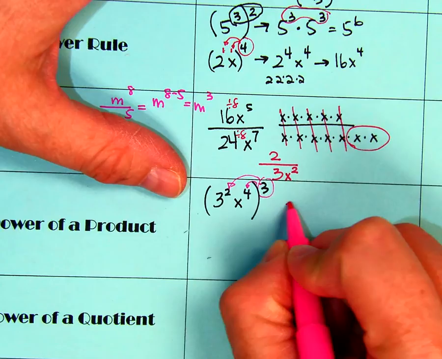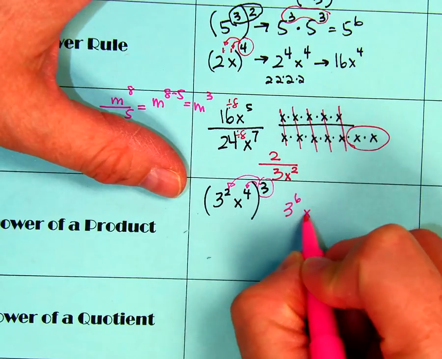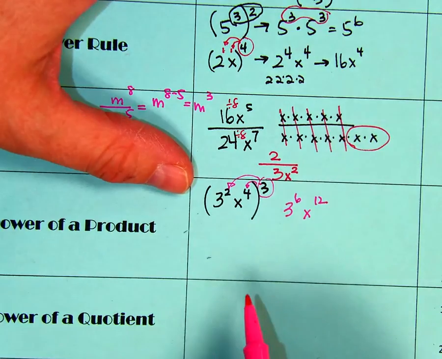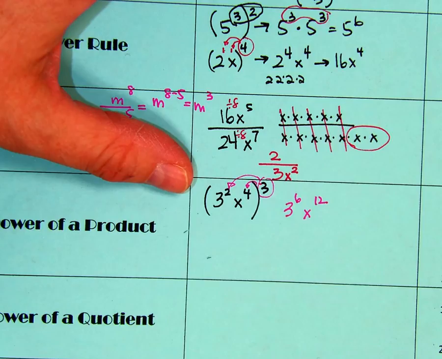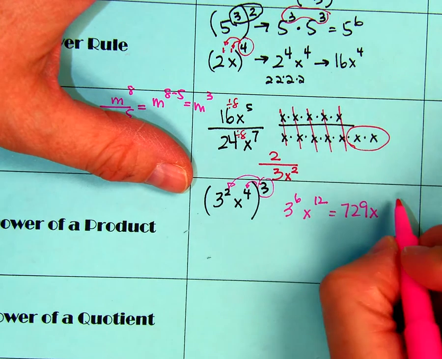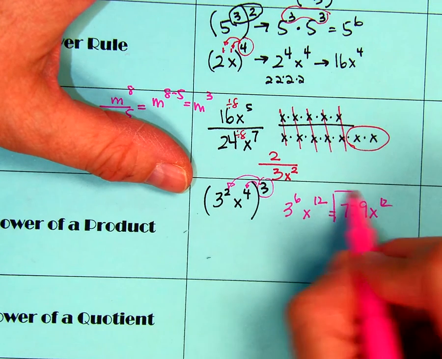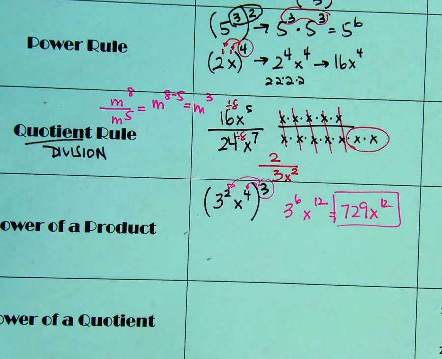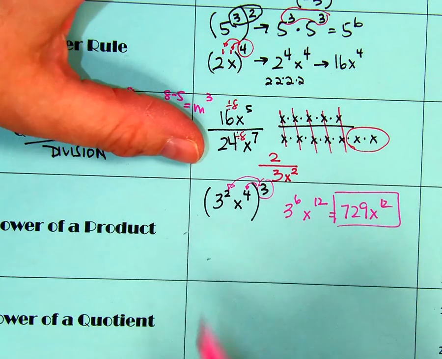So we have 3 to the 6th, x to the 12th. I'm going to cheat with my calculator. 3 to the 6th gives me 729, x to the 12th. So you just have to make sure it goes to every term inside.